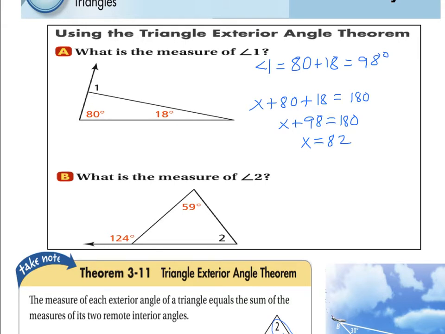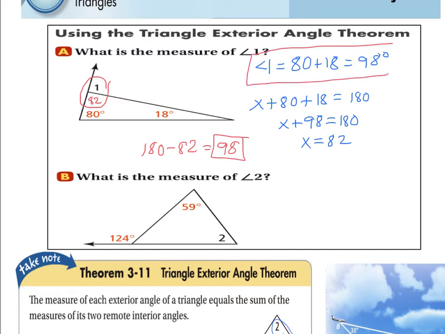Now, these two form a linear pair, so they should add up to 180 degrees. If I take 180 minus 82, it gives me 98. That's another way to find it.